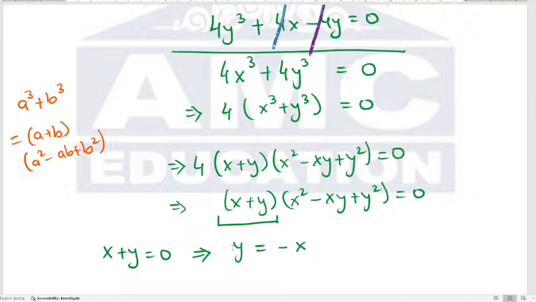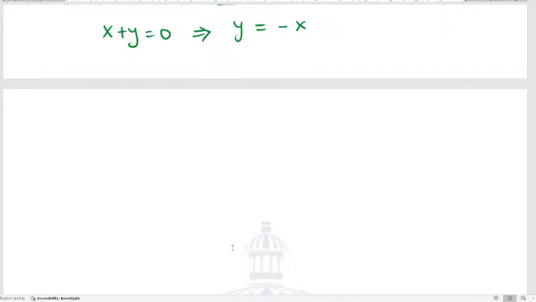But let's first identify what happens when x plus y is equal to 0. When x plus y is equal to 0, then y will be equal to negative x. Correct? Since this is the case, we will substitute y is equal to negative x in any of the equations. Let's say in equation 1, right?